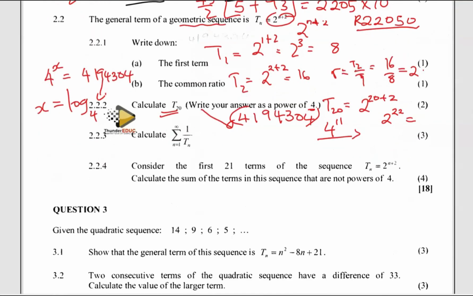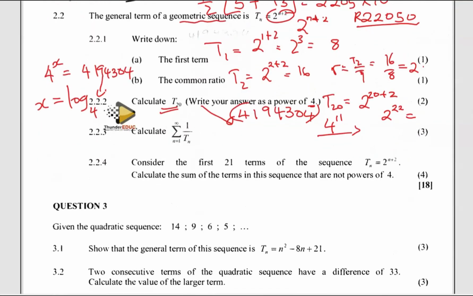Okay. Then 2.2.3, calculate the sum to infinity of 1 over Tn and so on. So we know that the formula for sum to infinity is given as a over 1 minus r. So let's try to get the terms of this pattern. They said 1 over Tn. So if n is 1, the first term we got was 8, meaning that this pattern will be 1 over 8.